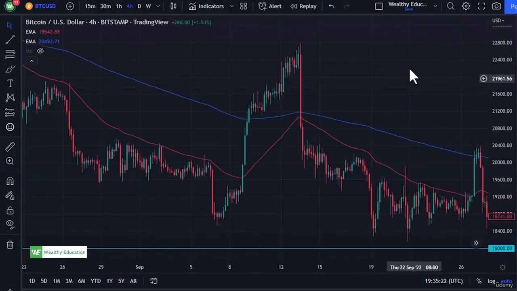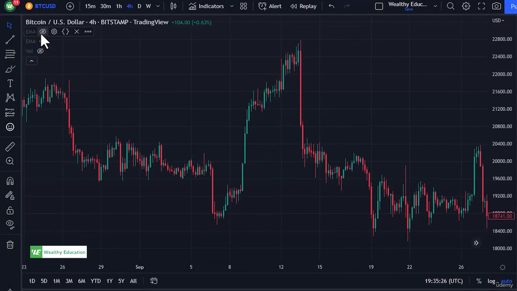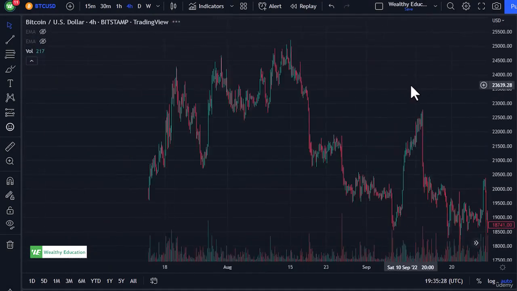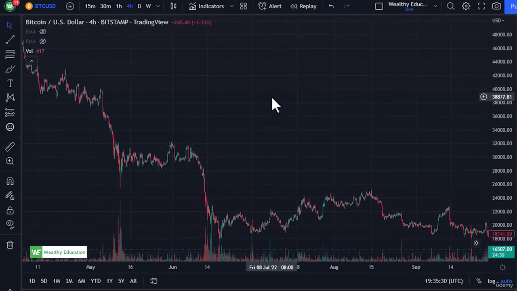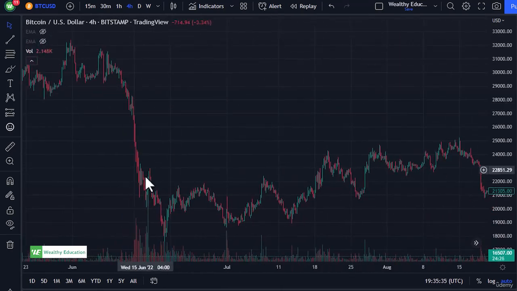Let's do Bitcoin. Clear all of my drawings. Hide everything except for the volume for now. So this is a failed inverted head and shoulders. I mean, failed as in it didn't kick off.